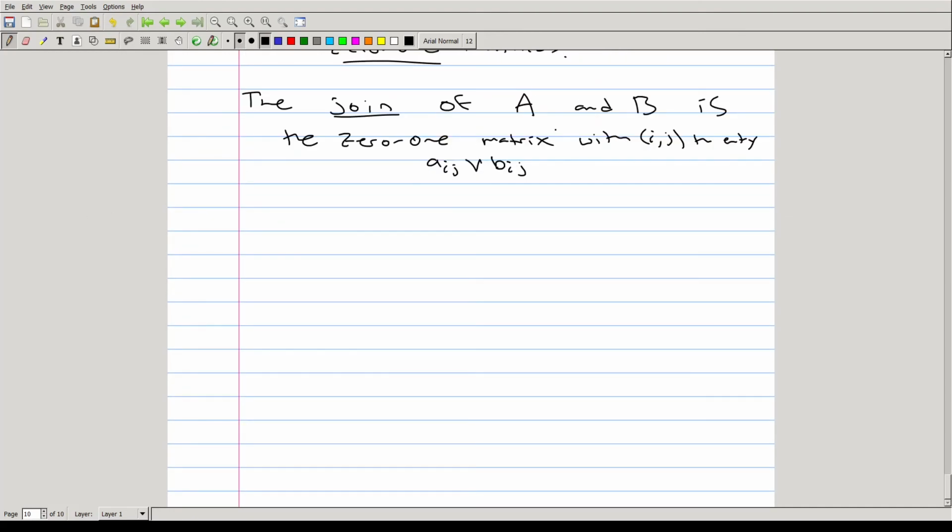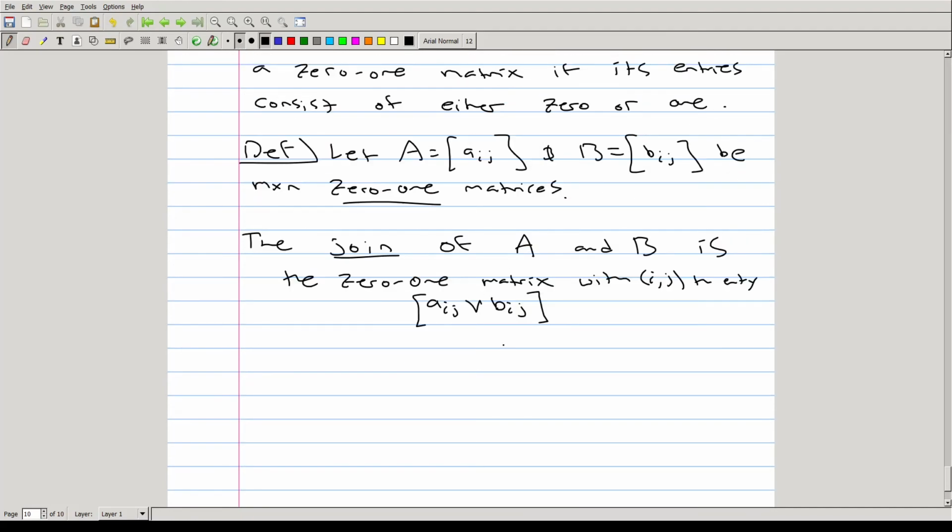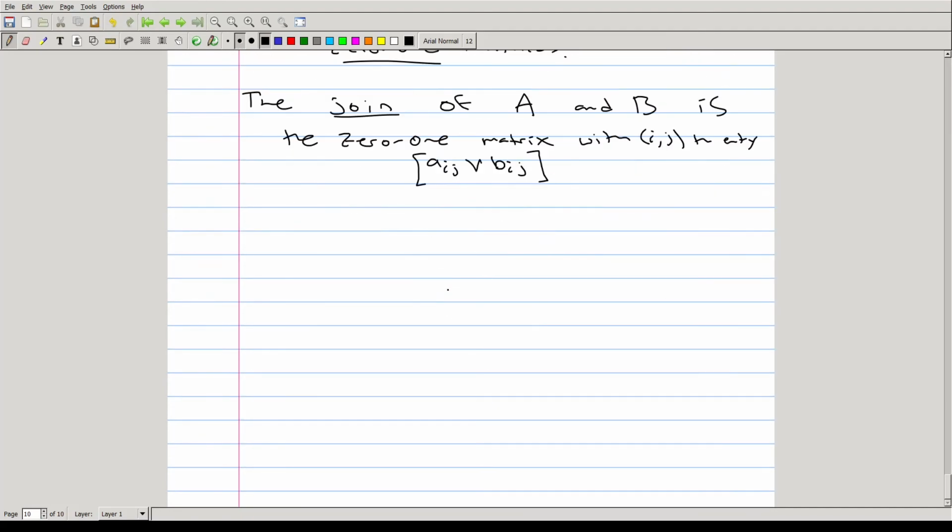So you can think about it like the Hadamard product like before, but instead this is just the OR operation done between each and every element in the matrix.